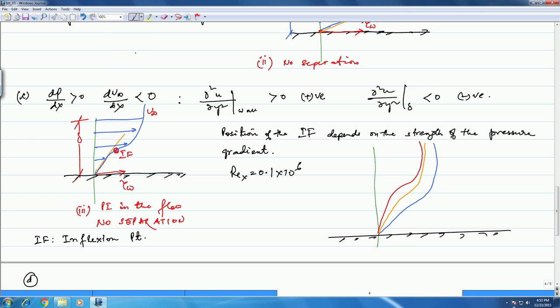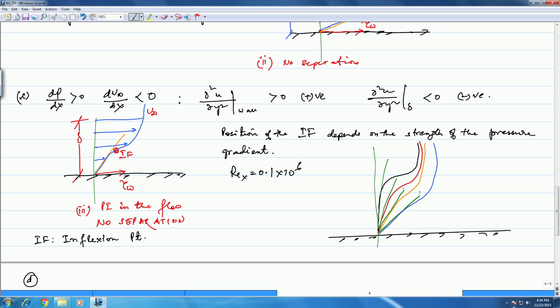So these are all possibilities. And if I were to draw the slopes, it is something like this, this, and this. These are all the lines of the slopes.